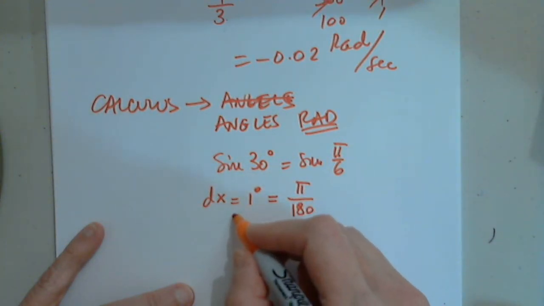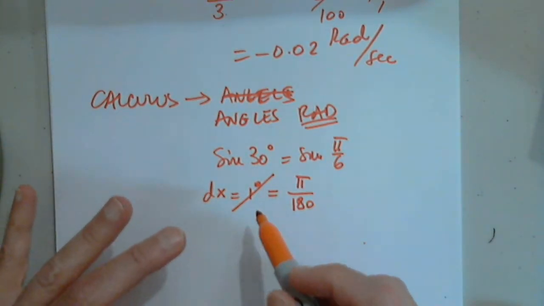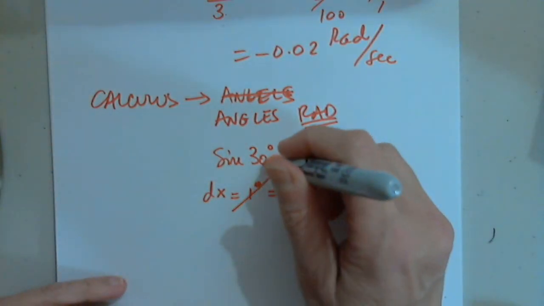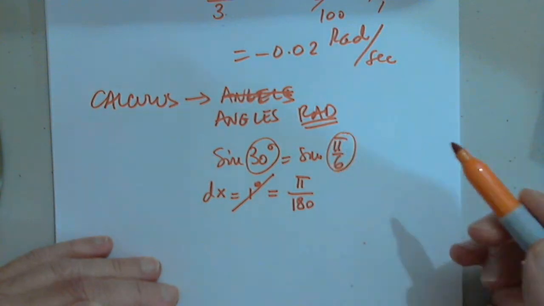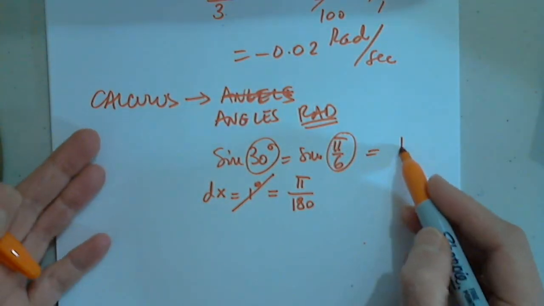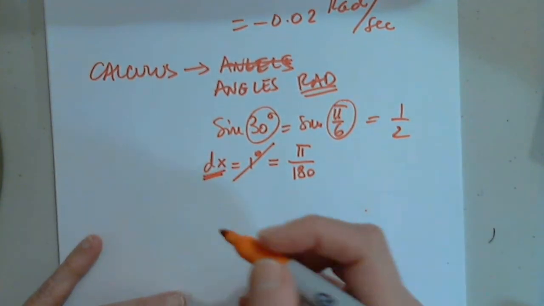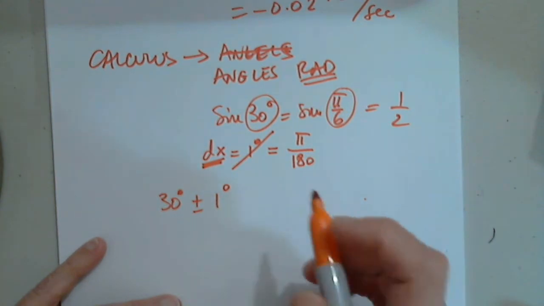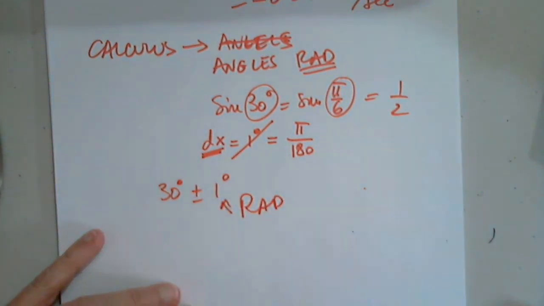So you cannot use degrees in calculations. Inside the trig function, it doesn't matter if I put degrees or radians. The answer will still be 1/2. But if we're talking about, let's say, 30 degrees plus or minus 1 degree, this in our calculations has to be changed into radians.